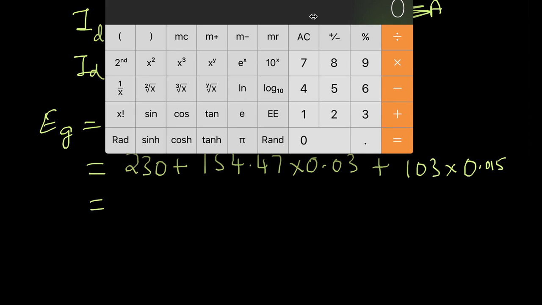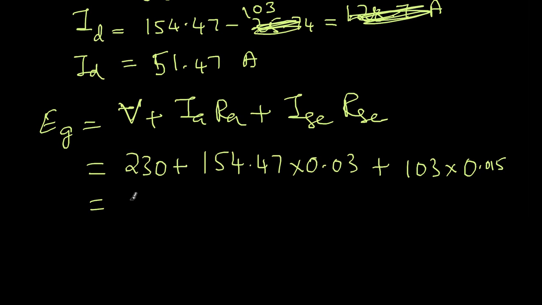Let me do it from the beginning. So 230 plus, I open the brackets, 154.47 multiplied by 0.03 and close the brackets, plus again open the bracket, 103 multiplied by 0.015. So hopefully this is all correct. It is 236.179, or 236.18 volts. So this is the EMF generated.